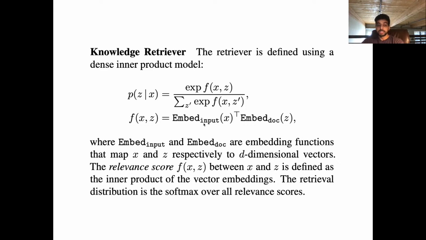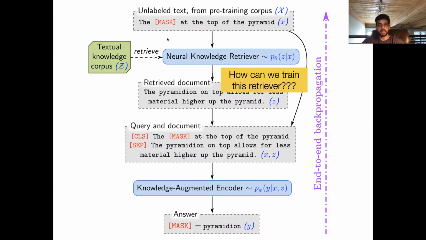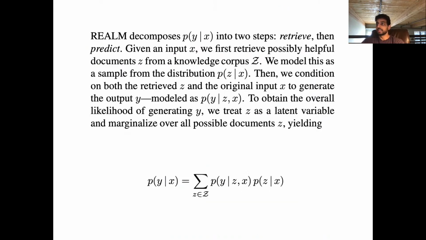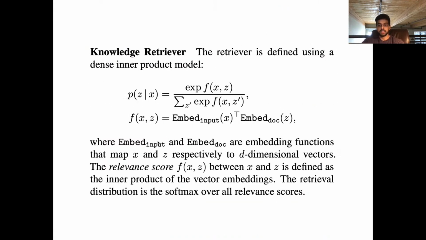I also have embed input X, which is going to be an embedding for the particular input that I have. So here it would be the mask at the top of the pyramid. That would be squeezed into a single vector and then used to compute this relevance score.